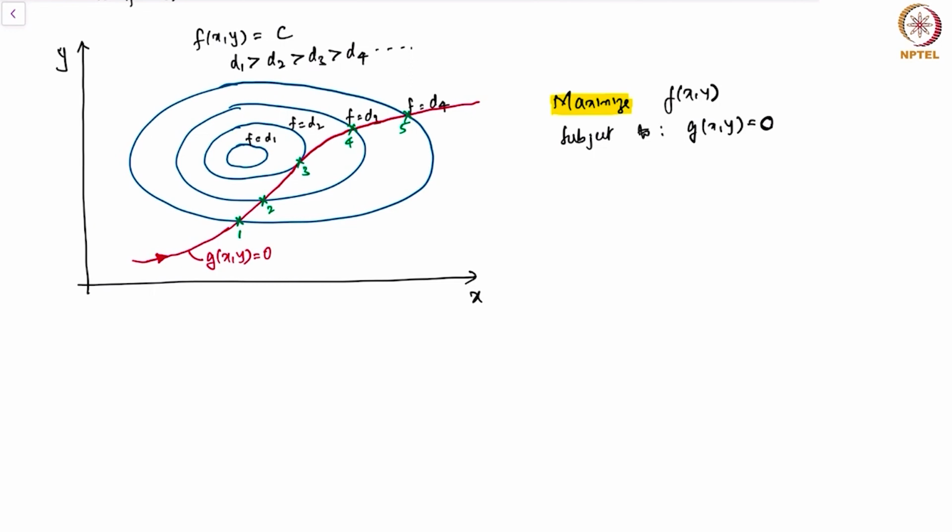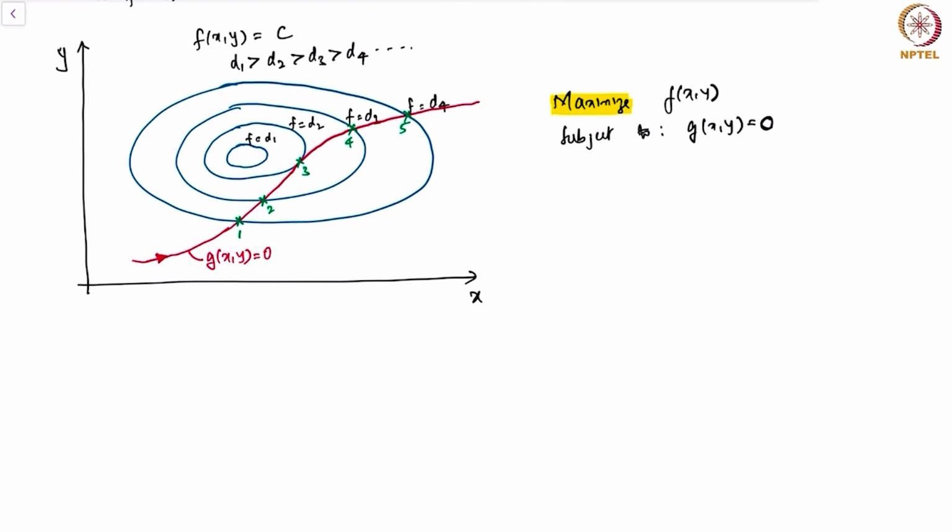For example, at point 1, where g of x comma y equals 0 and f of x comma y is equal to a constant, you shouldn't stop there, because if you go a little further along the constraint g, the value of f is increasing. So clearly 1 cannot be a maximum.